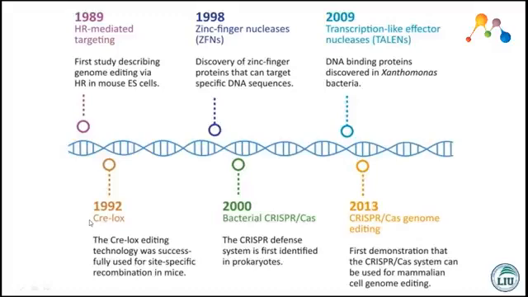These systems were later followed by the discovery of zinc finger nucleases, and later the well-known transcription activator-like effector nucleases, the TALENs, discovered in Xanthomonas bacteria, which preceded the breakthrough of this era. The CRISPR-Cas system, composed of a guide RNA and an endonuclease enzyme called Cas, could be used, starting from 2013, as a system for genome editing.